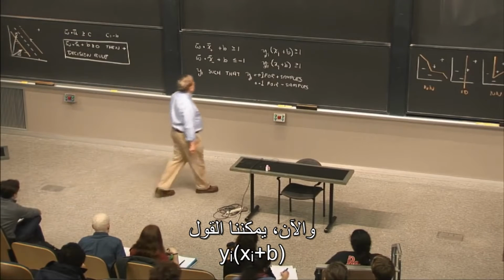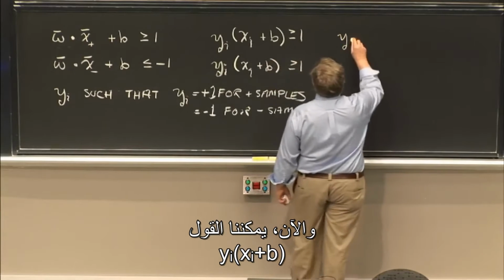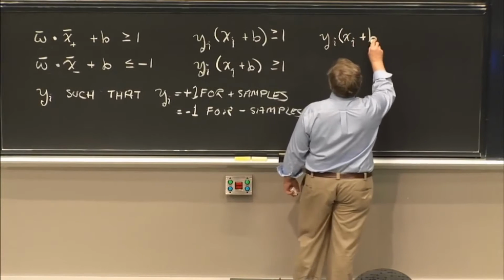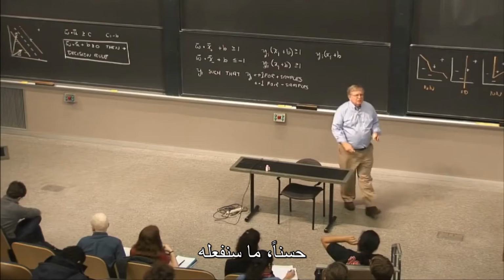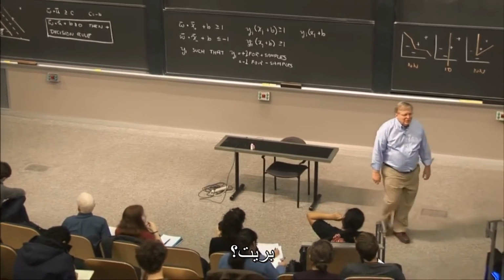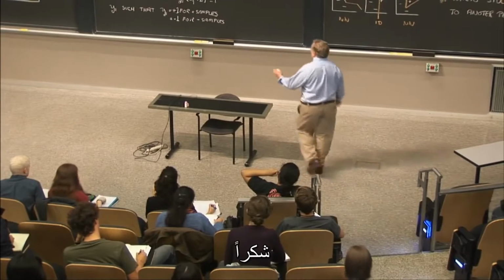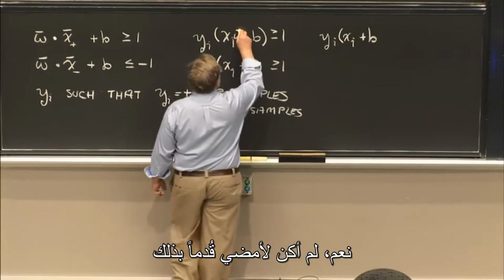So now we can say that y sub i times x sub i plus b, well, what we're going to do, Brett? Oh, did I leave out a w? Oh, I'm sorry, thank you. Yeah, I wouldn't have got very far with that.